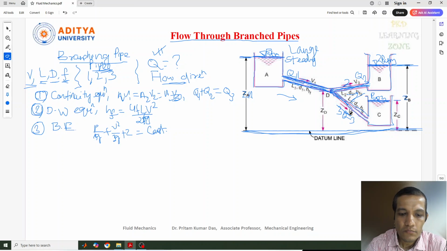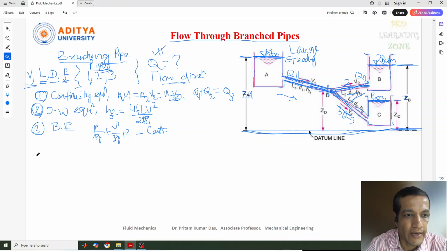Okay, now let's find out the flows through each point, each junction, like from A to D, then D to B, or D to C. For this I can write Bernoulli's equation for these two sections. Let's consider this is one section and this is another section for each flow.